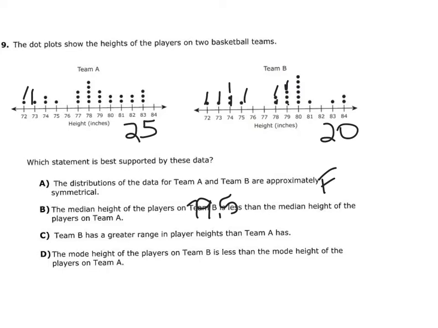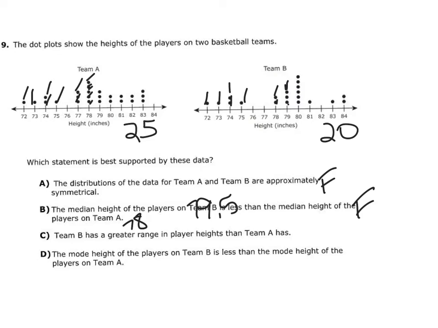So 1, 2, 3, 4, 5, 6, 7, 8, 9, 10, 11, 12, 13. So for Team A, the median is going to be 78. So in this case, 79.5 is not less than, it is more than 78. So letter B is false.